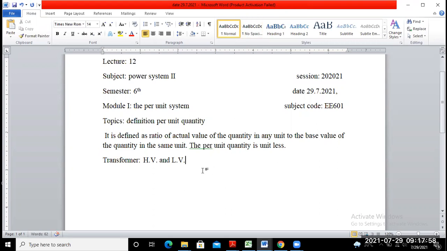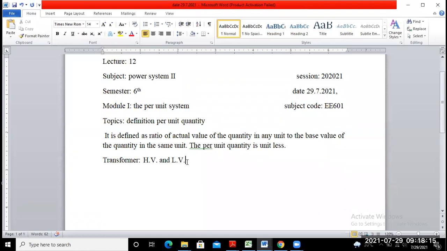Yes, sir. So up to this point, if you want to discuss the transformer, as we know the transformer consists of two windings: one is your high voltage winding, another is your low voltage winding. Now we find the per unit quantity of either side, the high voltage side or low voltage side.